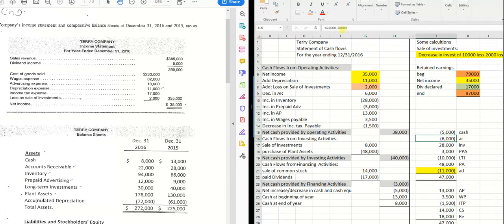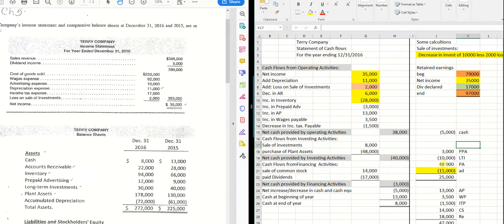If accounts receivable decreased, I add it back. We'll talk about why in class, but I've got that done. Inventory increased, so I subtract it. I want to do these in yellow. So now I've taken care of my inventory.